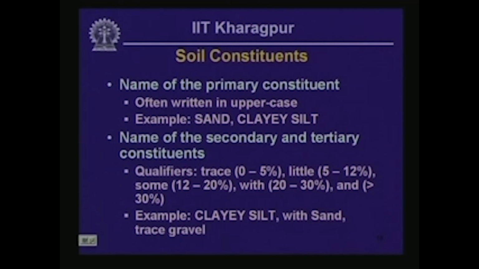For example, if you have clay silt with sand, that means it is primarily a clay silt soil, but it has 20 to 30% of sand, and it could also include trace gravel as given in the example at the bottom of this slide.